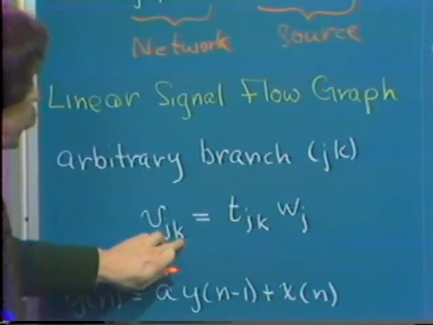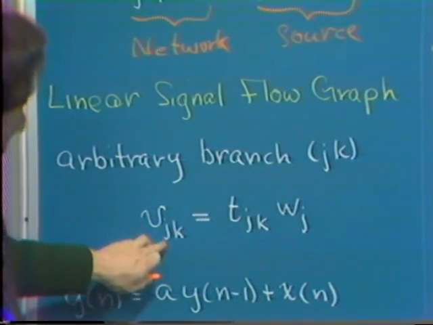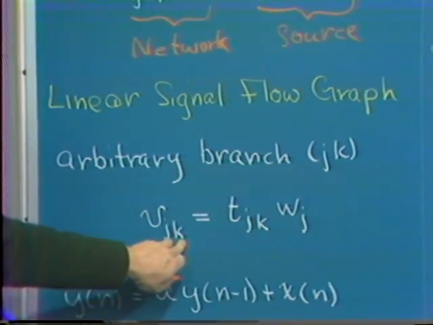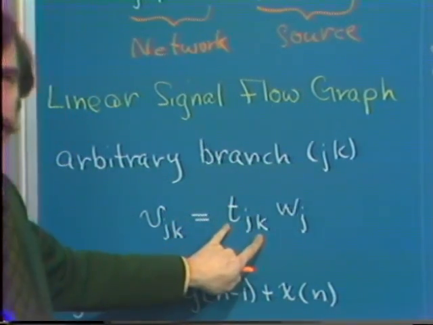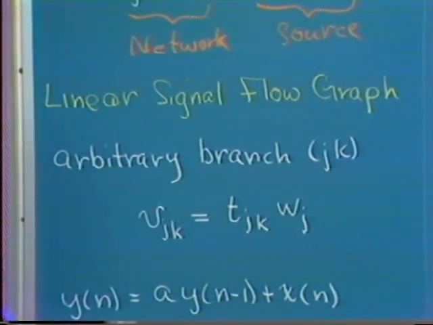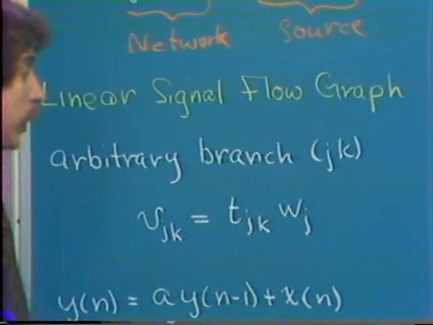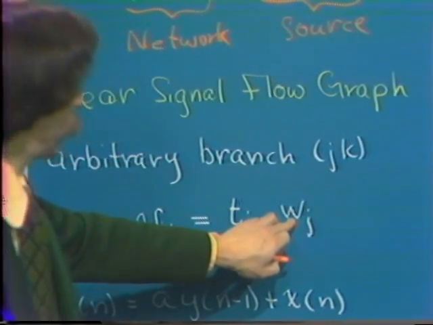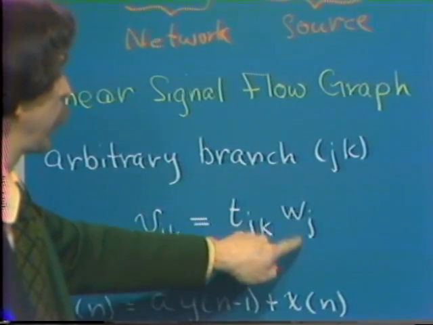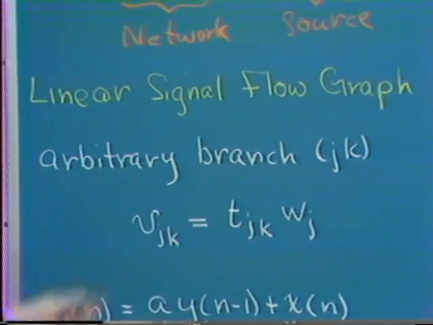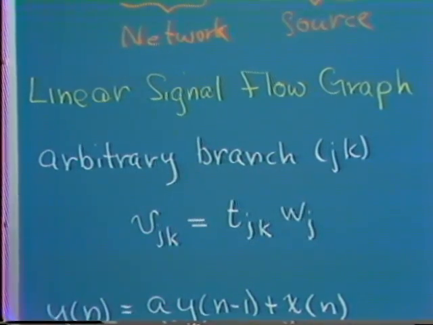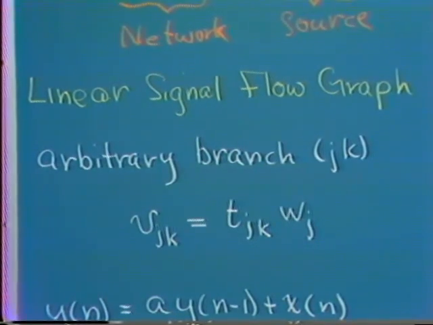In other words, V sub jk, the output of the branch from the jth node to the kth node, is equal to some function, which might be simply a scalar, or it might be a function of z, for example, which will often turn out to be, multiplied by the input to that branch, in other words, the value of the jth node. So that is the additional constraint that we impose if we're talking about linear signal flow graphs, which we'll be concentrating on for the rest of the lecture.